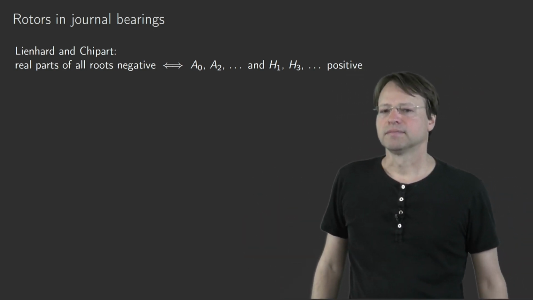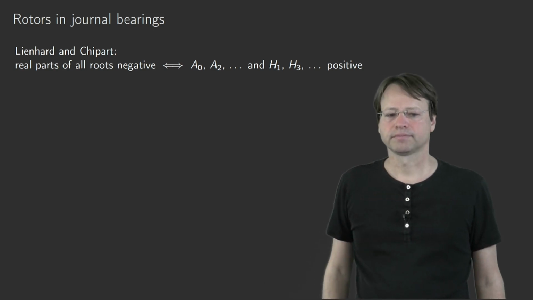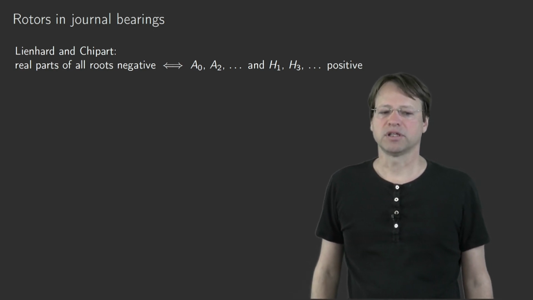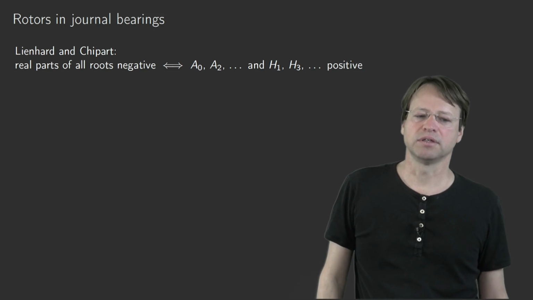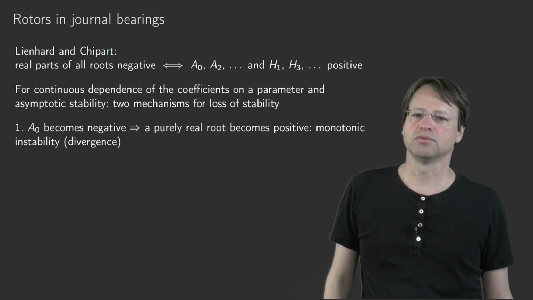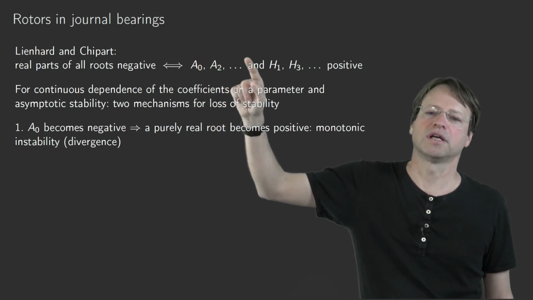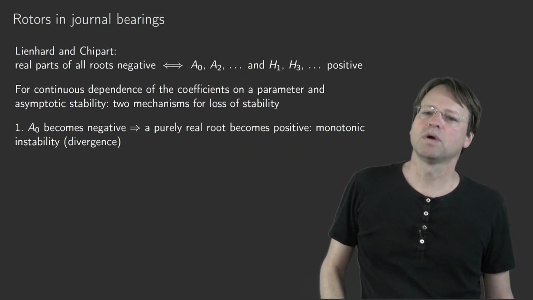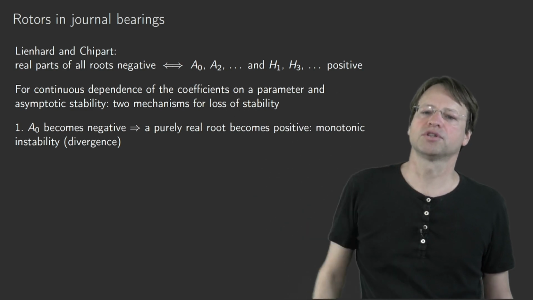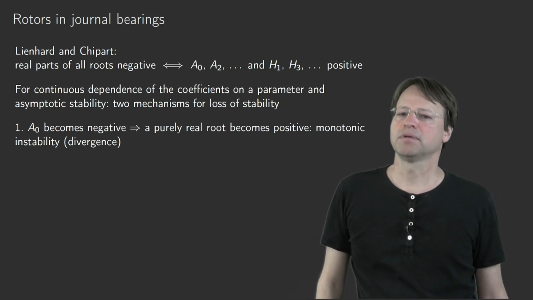So there are two ways that we deviate from asymptotic stability. There are two mechanisms to lose stability. The first one is related to the first criterion here, but just to one coefficient, namely the coefficient a_0. a_0 can become negative.